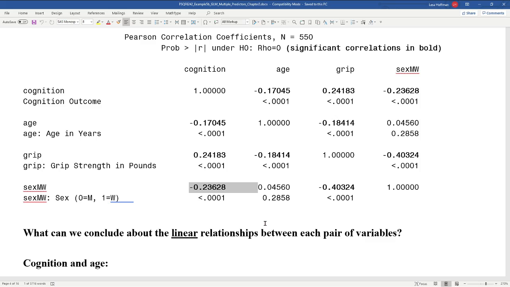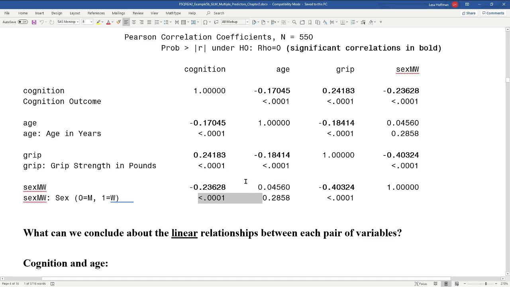This correlation is saying that women are predicted to have significantly lower cognition than men. That being in the 1 group is associated with less cognition. Significantly so, given the p-value against an alpha of 0.05.